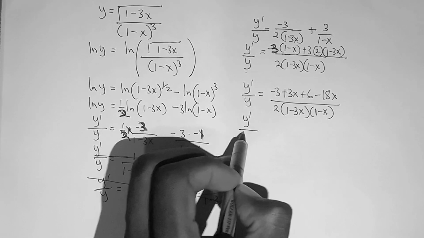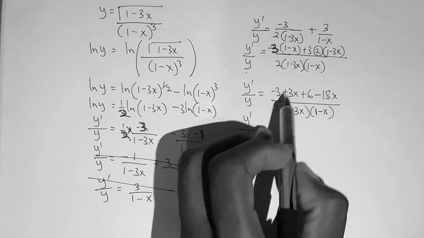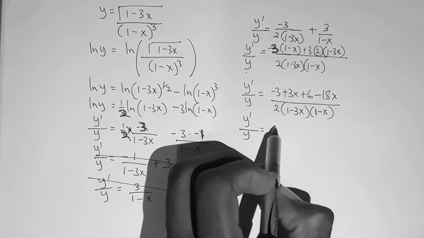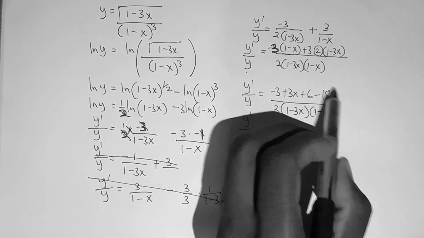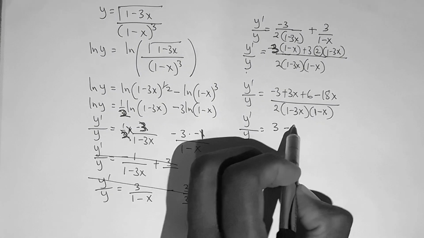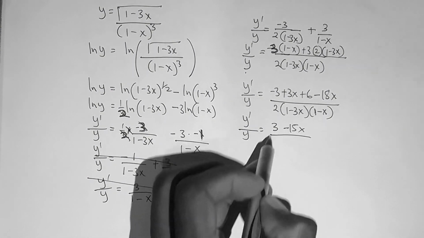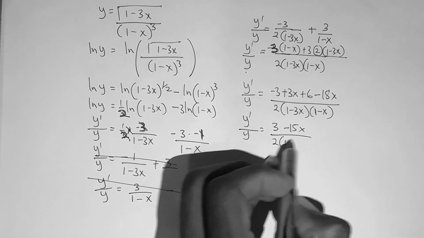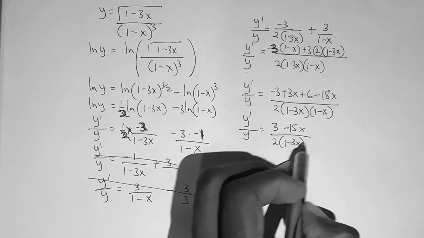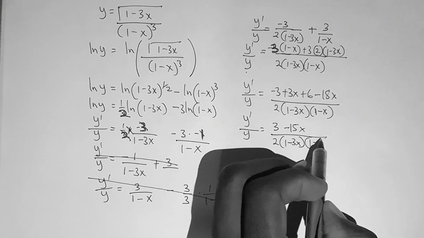So y prime over y is equal to minus 3 plus 6 is 3. Then minus 3x minus 18x is minus 15x divided by 2 times 1 minus 3x times 1 minus x.